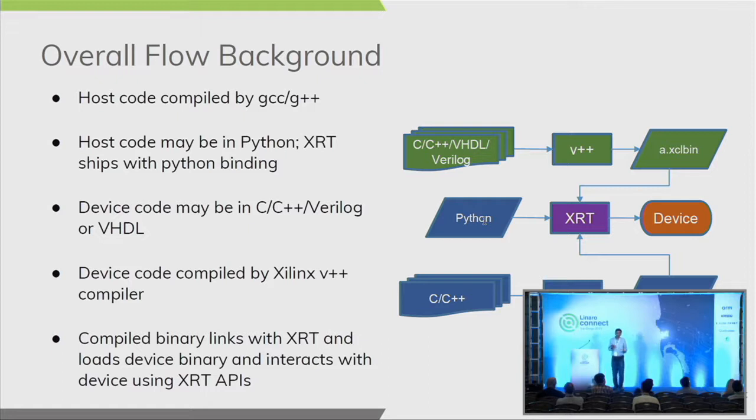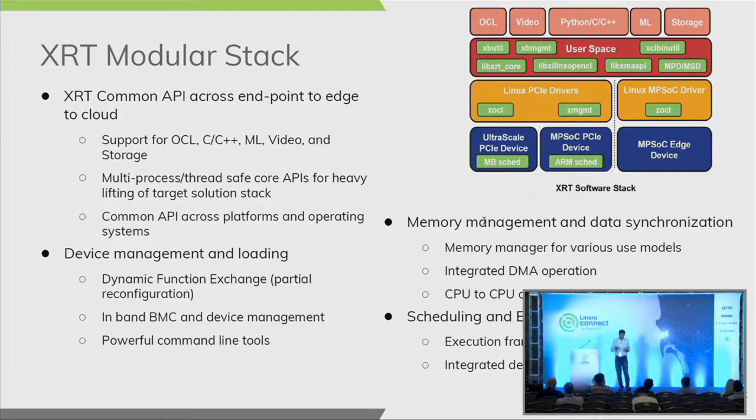Or for the host code, you can write in C++, compile with G++, LLVM, whatever you like. Or if you want to write in Python, we have a first-class Python binding for XRT. All of this is where XRT acts like a glue and then starts providing the services of the device in an abstracted fashion.